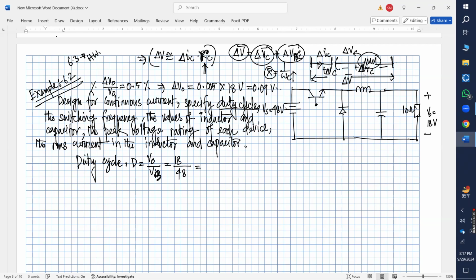So what should be your duty cycle? 0.375. Okay, 0.3375. So that should be your duty cycle.